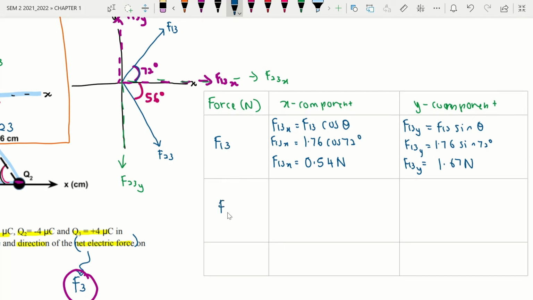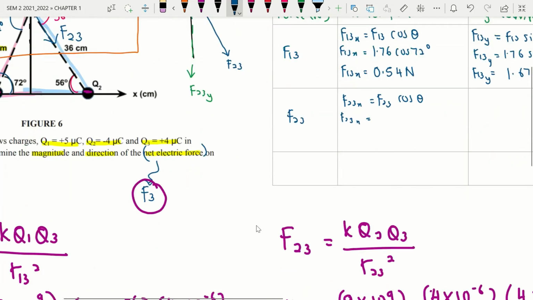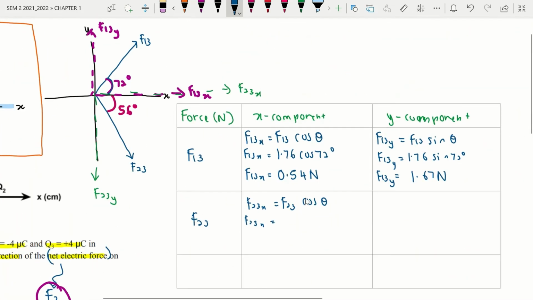Okay, let's do the force of charge 2 on charge 3. So F23x equals F23 cos theta, because the angle is at the x-axis. F23 we already calculated, which is 1.11 cos 56 degrees.